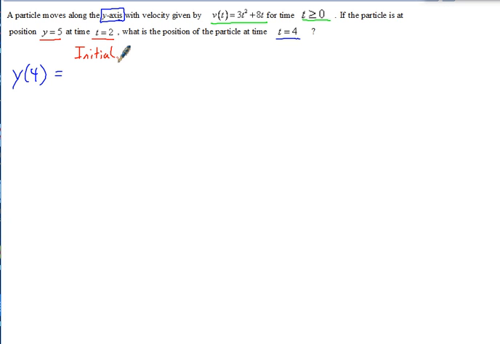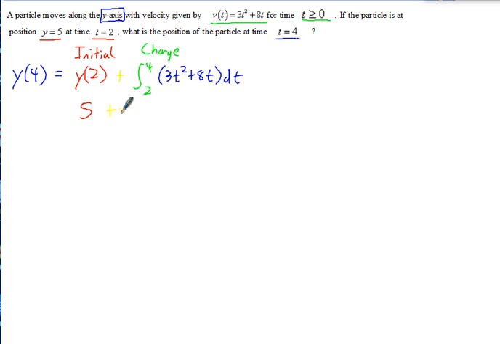Well, initially we're given the position at time 2, so it'd be y of 2, plus the change, which comes from an integral from 2 to 4, of the derivative of position, which is velocity, right here. So that'd be 3t squared plus 8t. And now we know y of 2 is 5, so we can put in 5 right there.